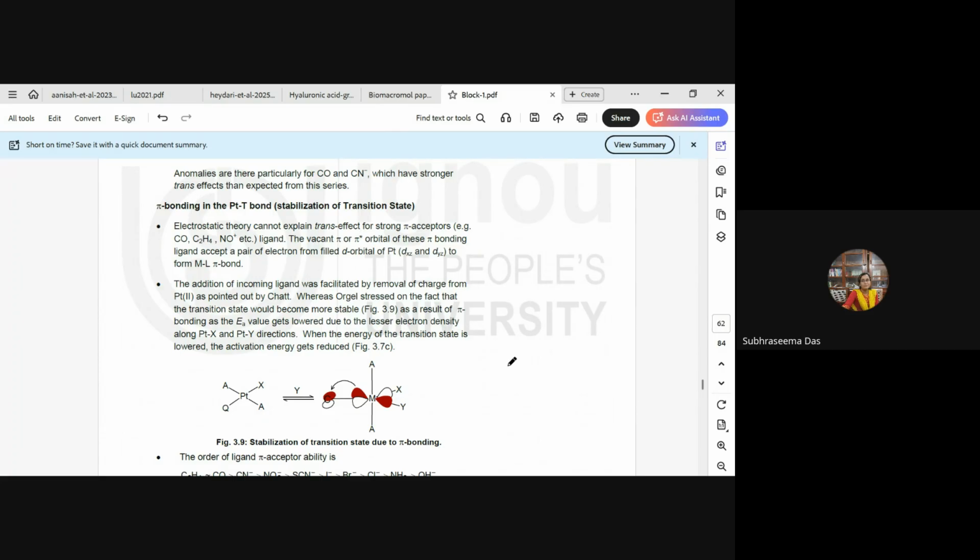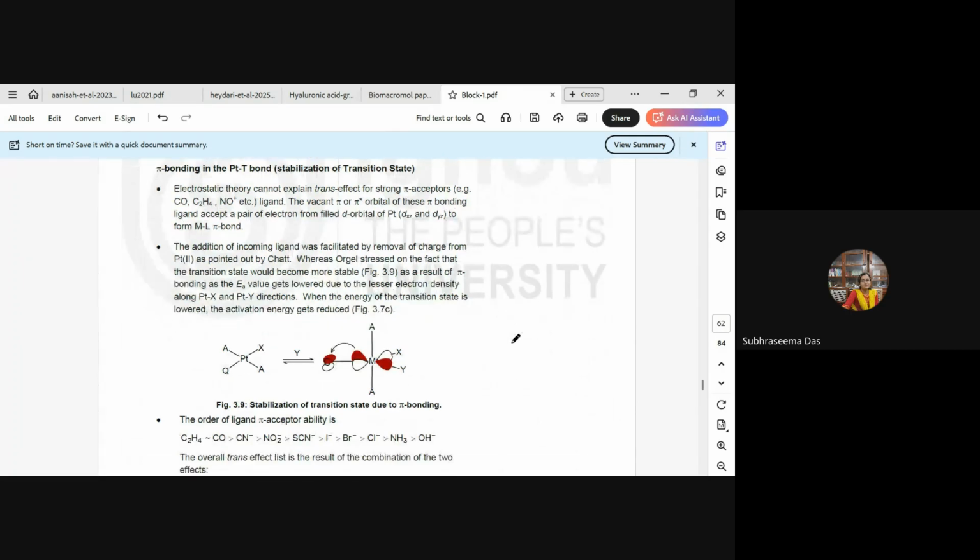So this was actually suggested by Orgel. So Orgel stressed the fact that the transition state would become more stable, as the figure shows, as a result of the pi bonding, because the activation energy gets lowered due to lesser electron density.